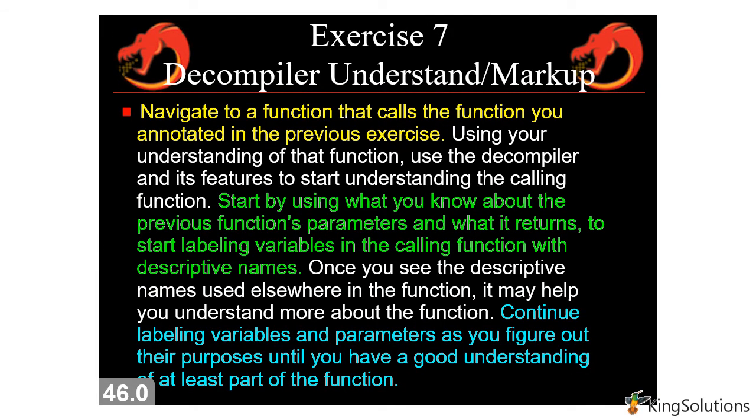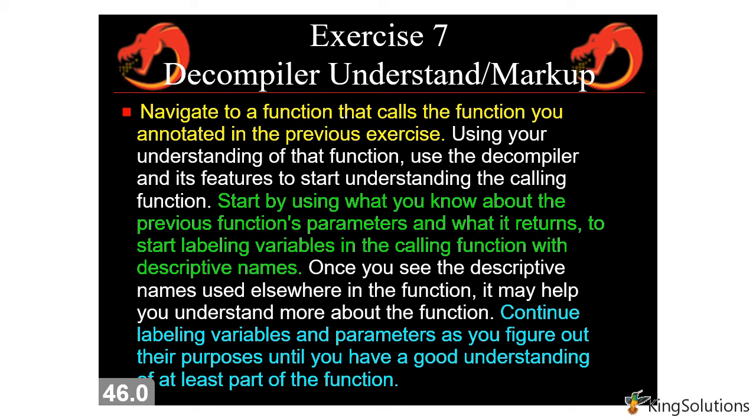Exercise 7. Decompiler understand and markup. Navigate to a function that calls the function you annotated in the previous exercise. Using your understanding of that function, use the decompiler and its features to start understanding the calling function. Start by using what you know about the previous function's parameters and what it returns, to start labeling variables in the calling function with descriptive names.